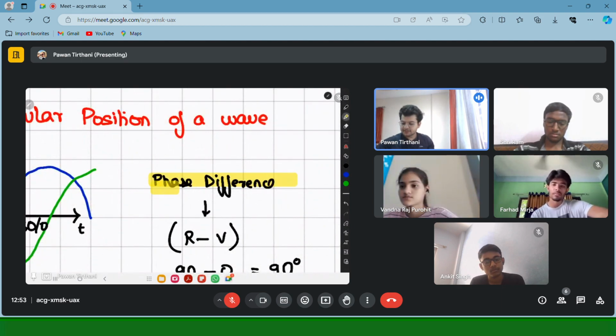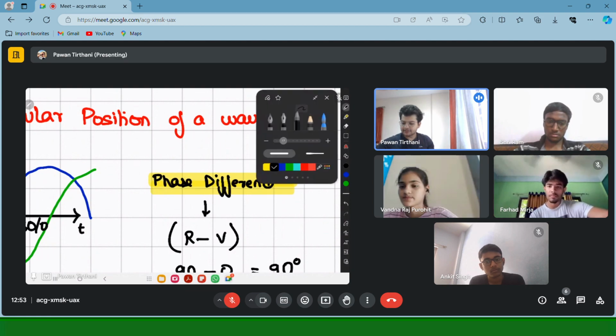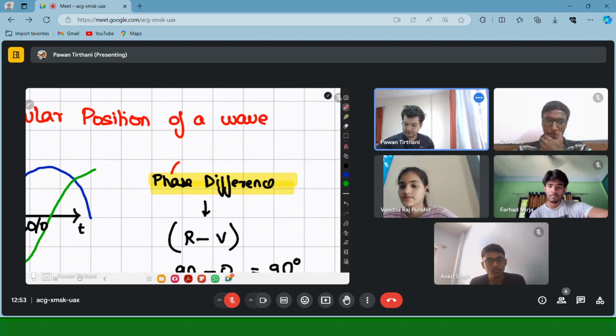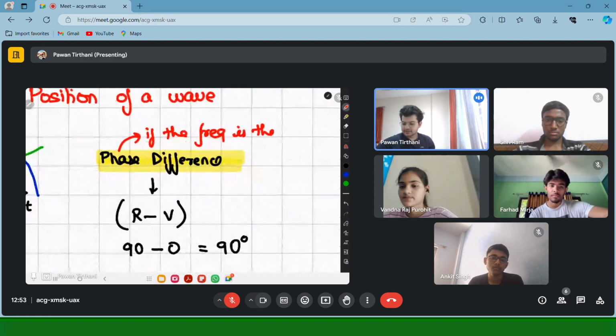Phase difference can only be calculated when you have one particular thing, and this can only be calculated if the frequency is the same.